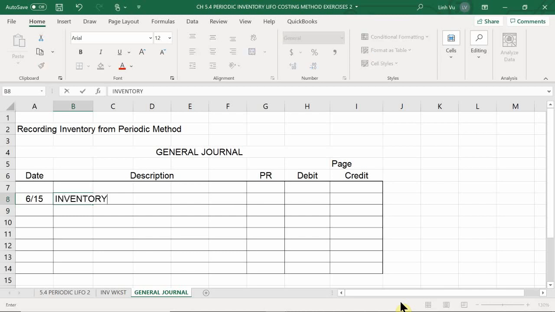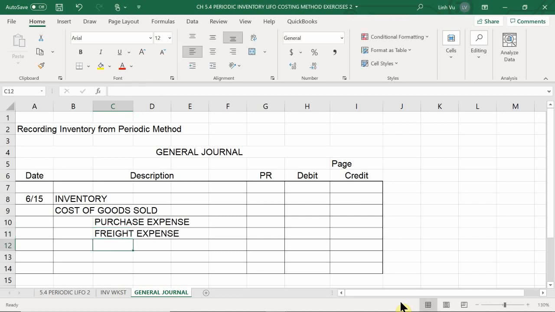Inventory, right? Because I didn't specify what I purchased. Cost of goods sold. Cost of goods sold, good. What else? Purchase expense. Purchase expense and freight expense. Freight expense, good.